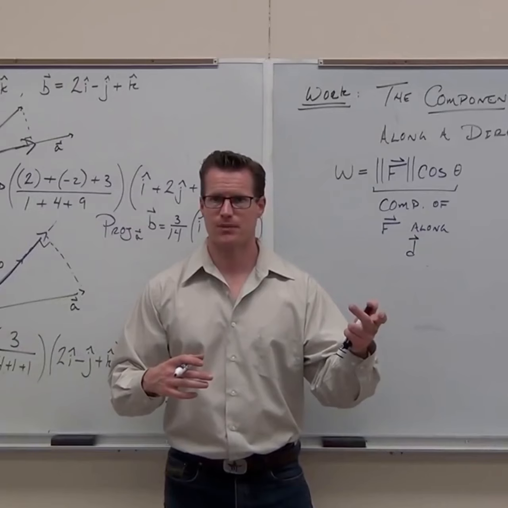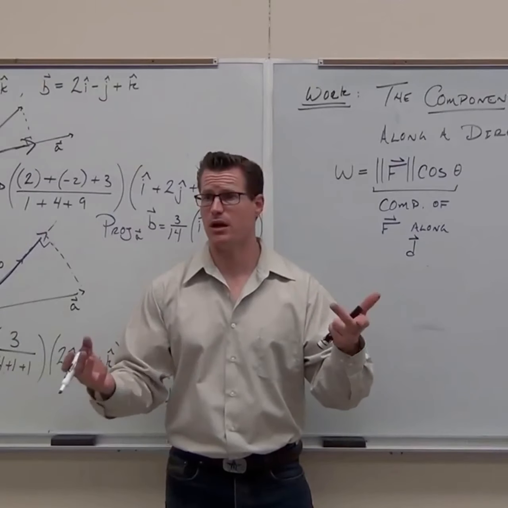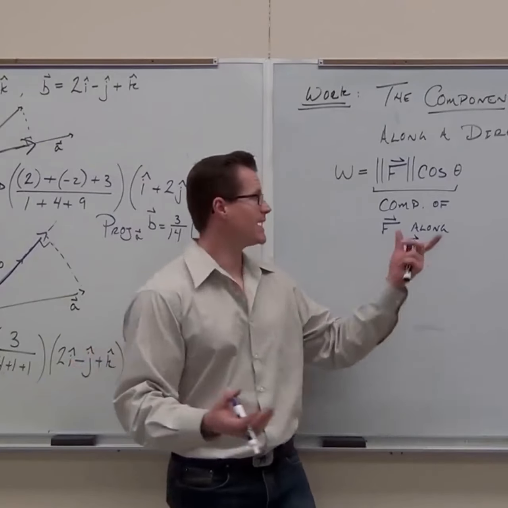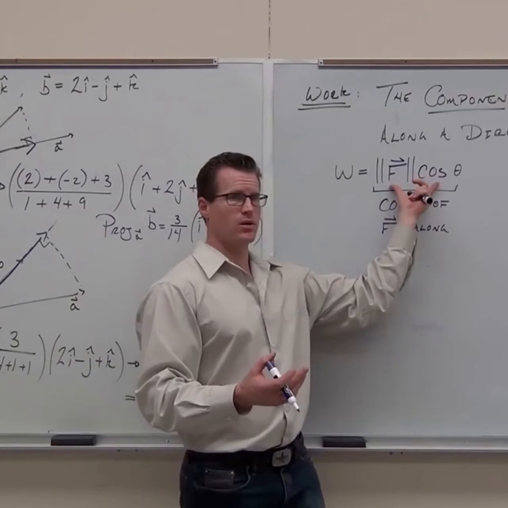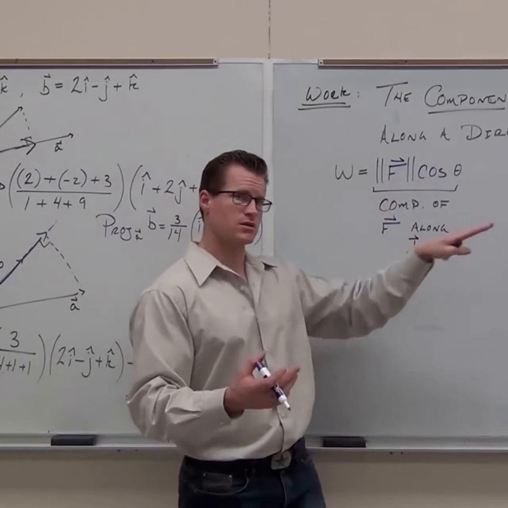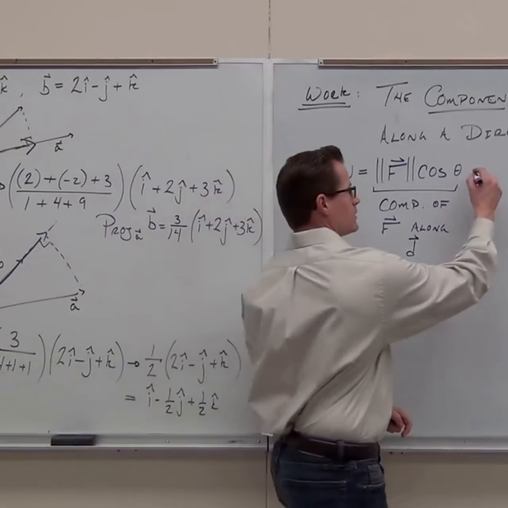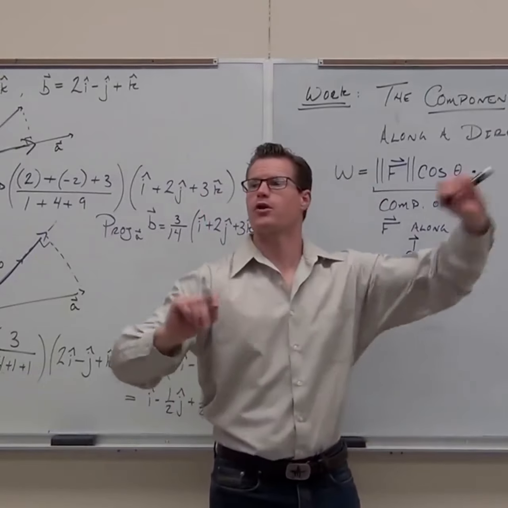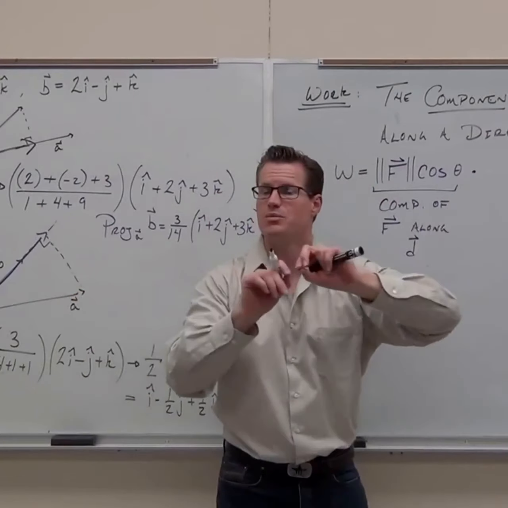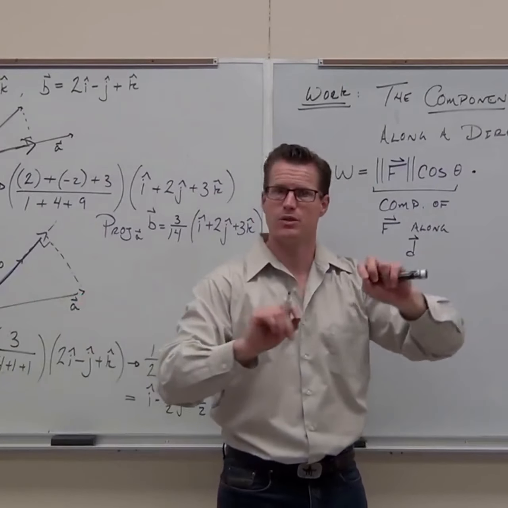Work is not a vector. Work is a scalar. It's how much you got done, okay? So this is the component, this is how much the force is moving, so how much we're applying in this direction, times how far you're moving it, which is the complete displacement.